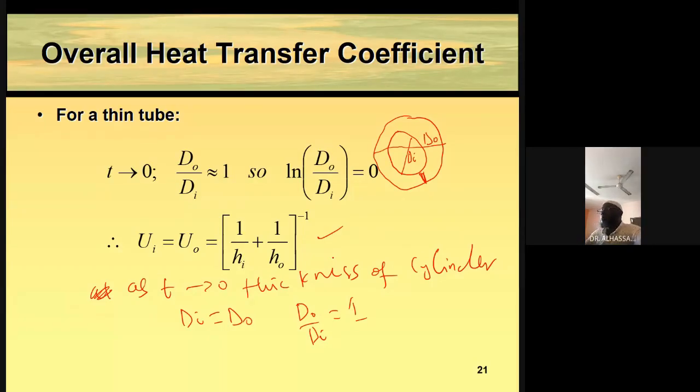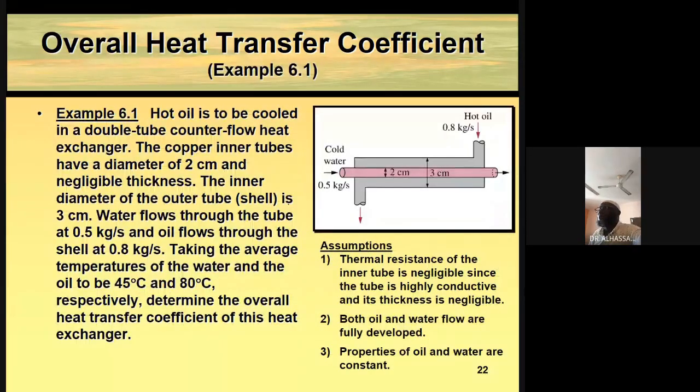Okay, now let us look at this question. We are told that a hot oil is to be cooled in a double tube counterflow heat exchanger. The copper inner tubes have a diameter of 2 centimeters and negligible thickness. Now, the inner diameter of the outer tube is 3 centimeters.